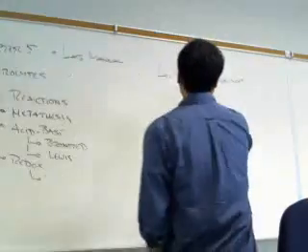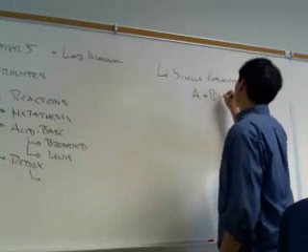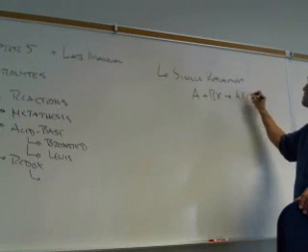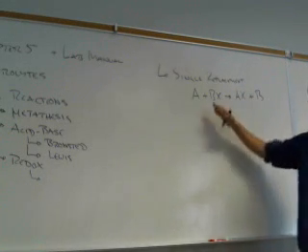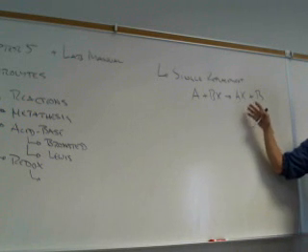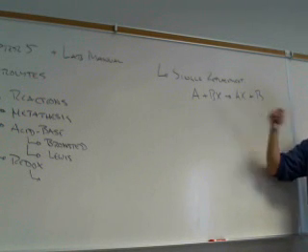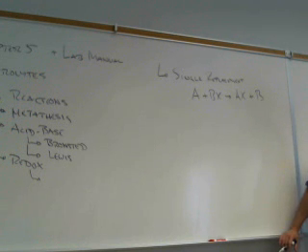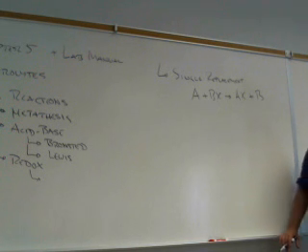Element A plus compound BX yields AX plus B. It's a familiar pattern, and so you memorize this pattern, but there's a problem with this. There's two problems with this. Well, actually, there's more than two problems.